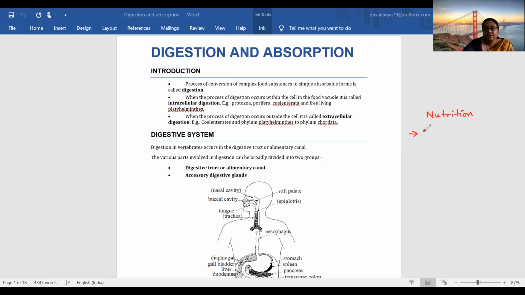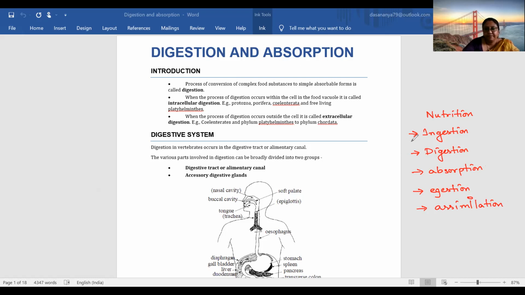Nutrition starts with ingestion, digestion, absorption, egestion, and finally, the assimilation. So let us know about each of these things.